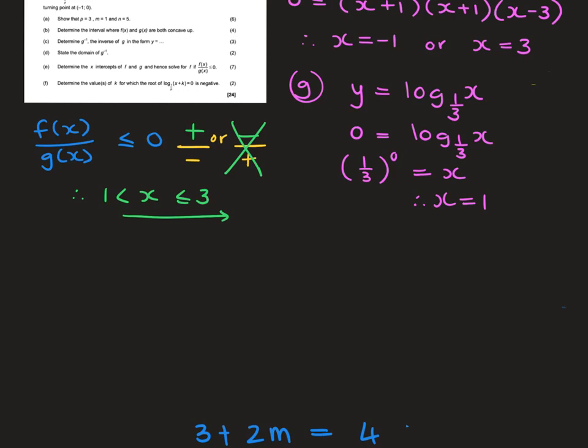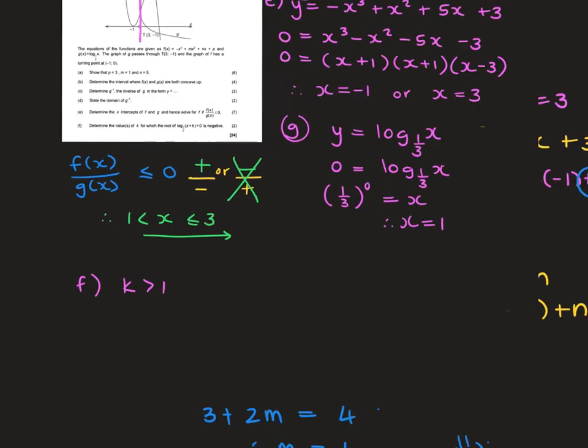So at the moment, the asymptote is at x equals 0. Obviously, it will be negative if we shift it to the left, and remember that when you shift left, you add. So if k is greater than 1, then your function is going to shift to the left. And if it shifts left, then its x-intercept will become negative.